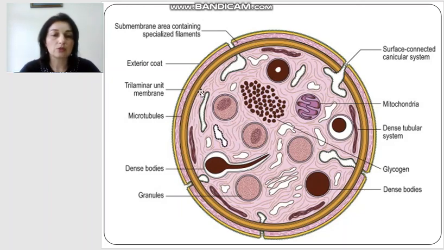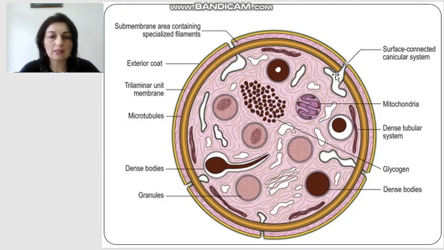And also the periphery of the cell contains the hyalomere. Hyalomere is the pale staining region, and here you will find the actin, myosin filaments, then the microtubules, and here we have two systems: the dense tubular system which has no connection with the outside, and the open canalicular system.